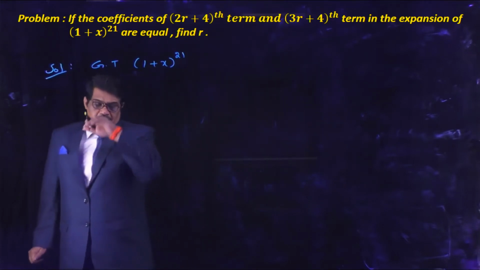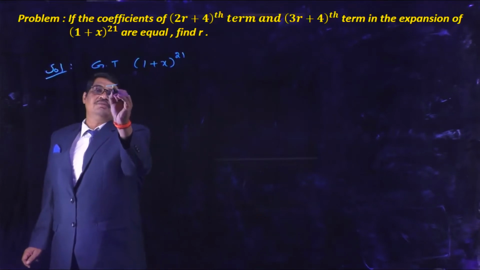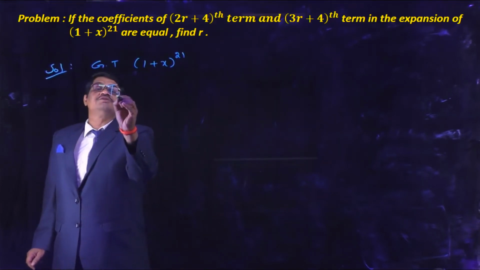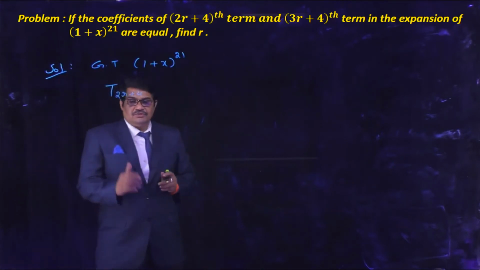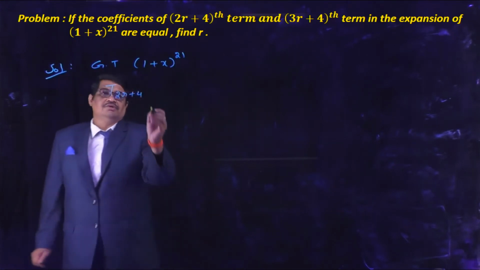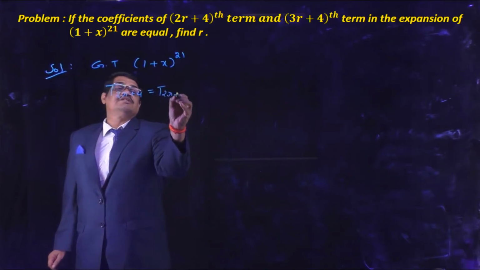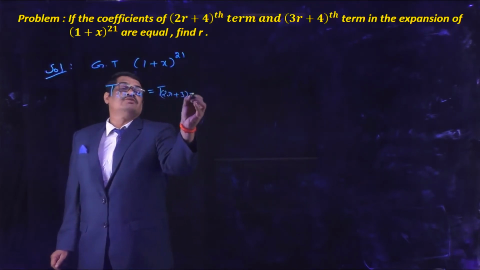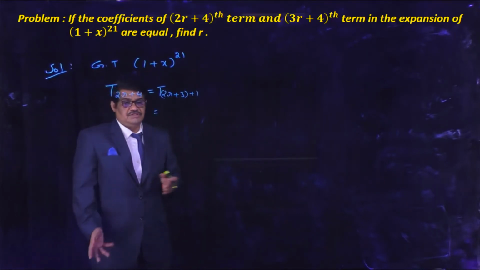Okay. Now we are writing the term T(2r+4). So that is T(2r+3+1). This is in the form of T(r+1). That is the general term.